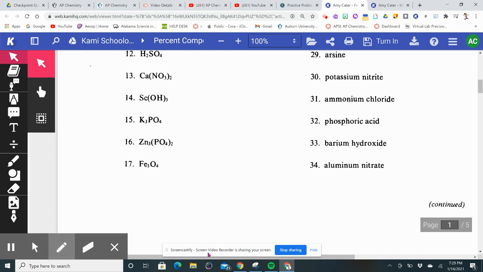So phosphoric acid, the formula for phosphoric acid is H3PO4. Okay, so you've got to get the formula first, and the molecular mass for that would be 31 for the phosphorus plus 16 times 4 for the oxygen plus 1 times 3 for the hydrogen is 98.